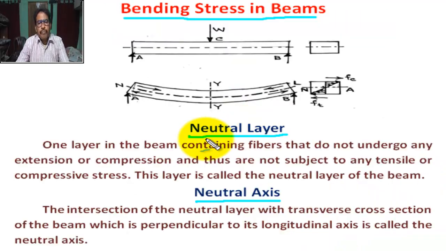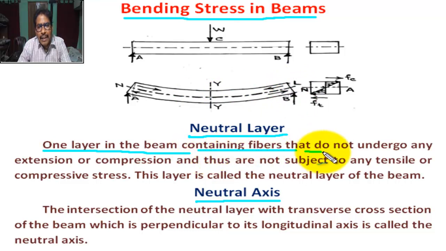Now, what is neutral layer? One layer in the beam, that means NL, contains fibers that do not undergo any extension.